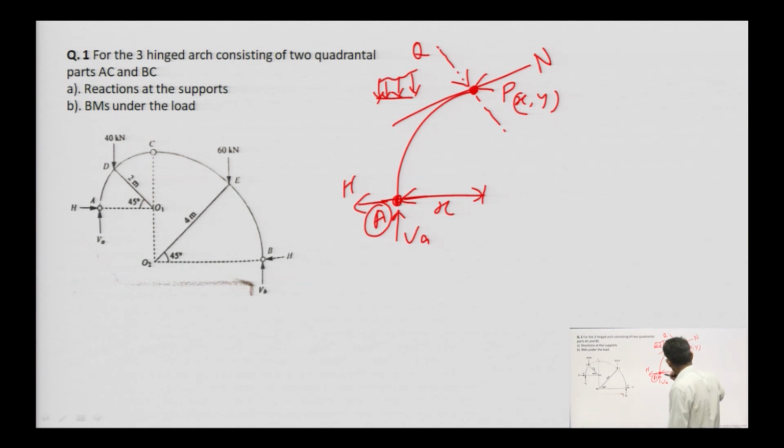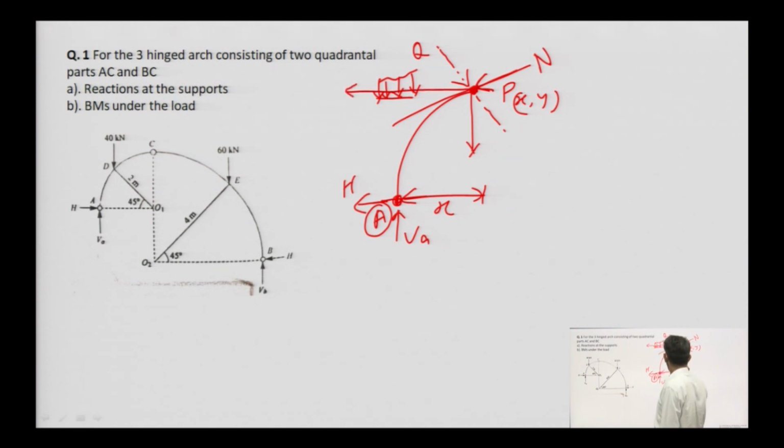So we can resolve these forces along this direction and along this direction.